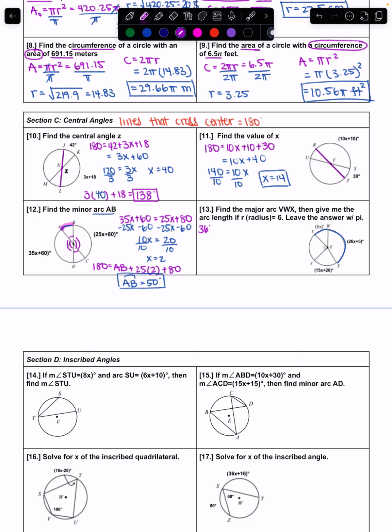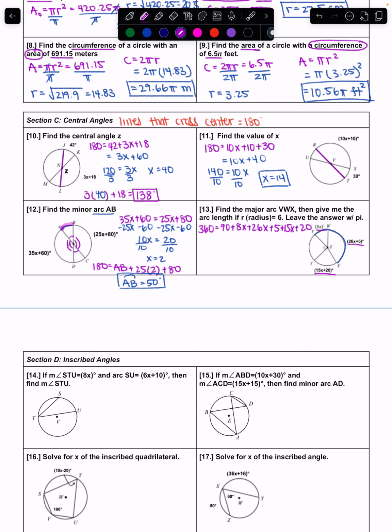So let's set that up. 360 is equal to, we have 90 degrees right here because we see that little box that indicates 90 degrees. And then we have these other three that should add up to 360. So we have 90 plus 8x plus 26x plus 5 plus 15x plus 20.